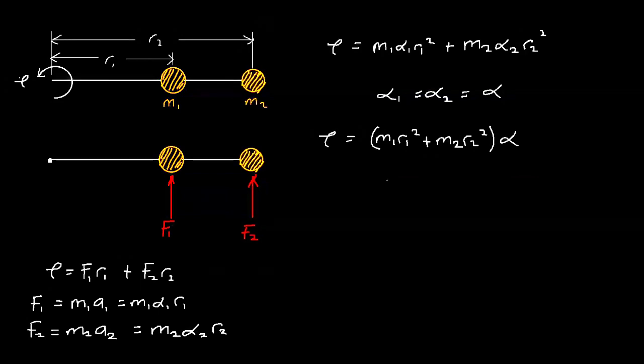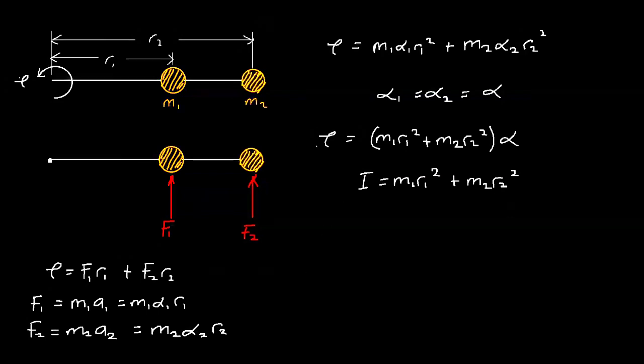And this is the relationship between the applied torque and the angular acceleration of this system consisting of multiple masses. We can therefore say that the moment of inertia of this system of masses is equal to the sum of the moment of inertia of the masses that make it up. So I equals m1r1 squared plus m2r2 squared.